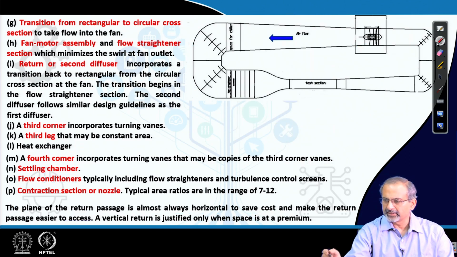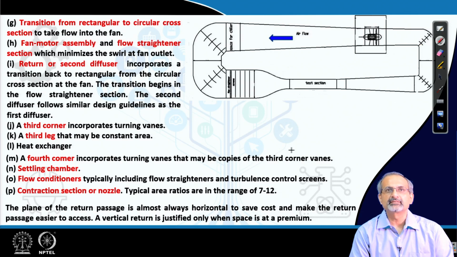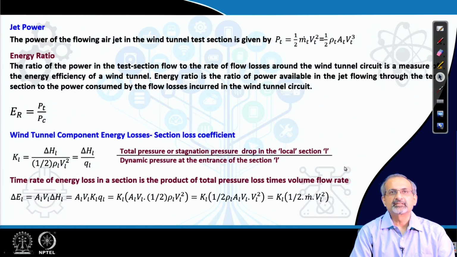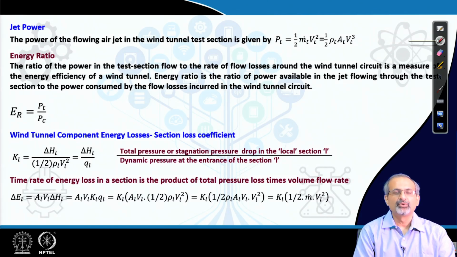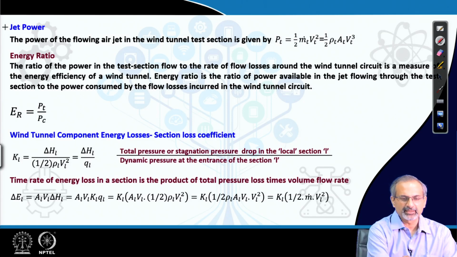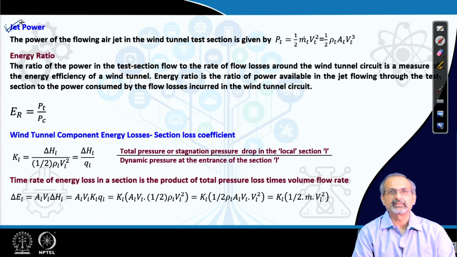So, we got some idea about how things are working here. Let us discuss some ways of assessing how efficiently a tunnel may be operating, for which we introduce a few concepts here. First, let us look at how much power is contained in that high velocity jet through the test section.